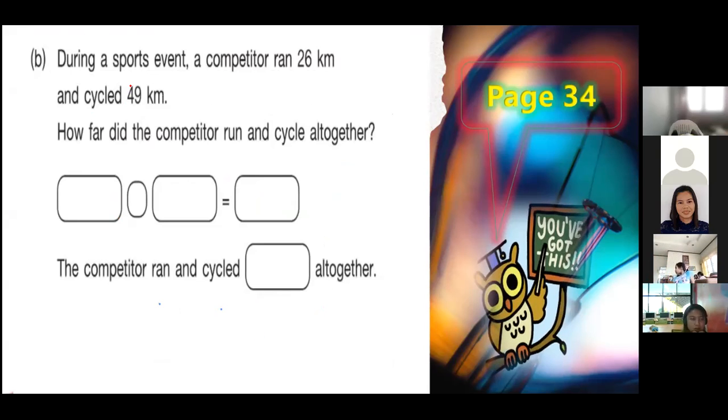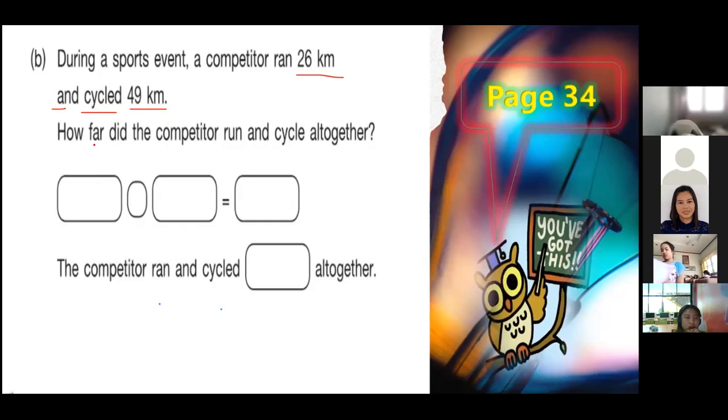So in letter B, during a sport event, a competitor ran from 26 kilometer and cycled 49 kilometers. So cycle means he used a bicycle. He ran first and after he ran he used bicycle for 49 kilometer.